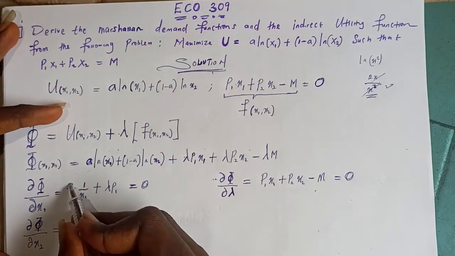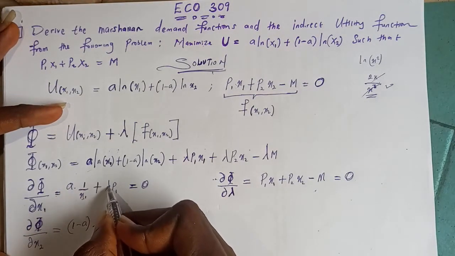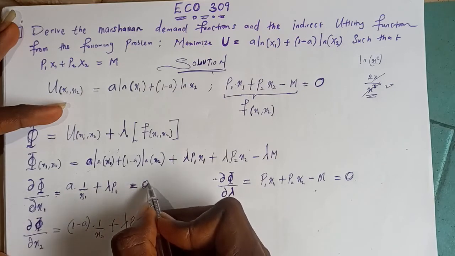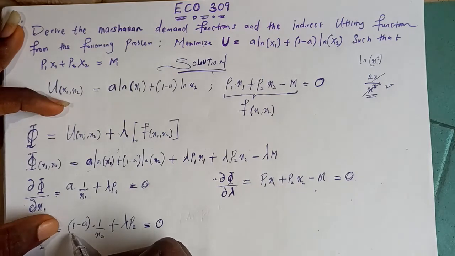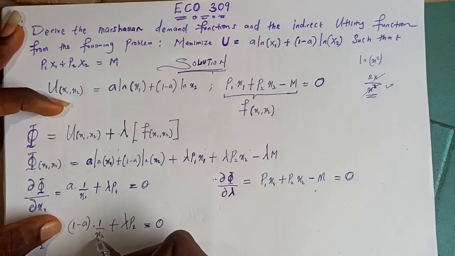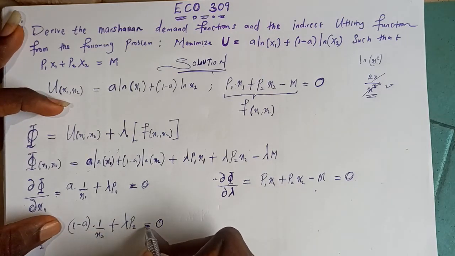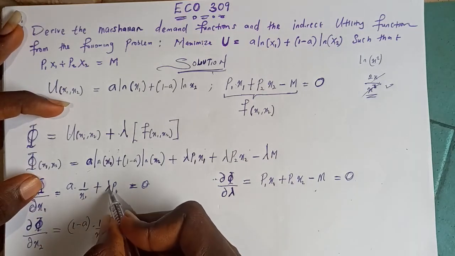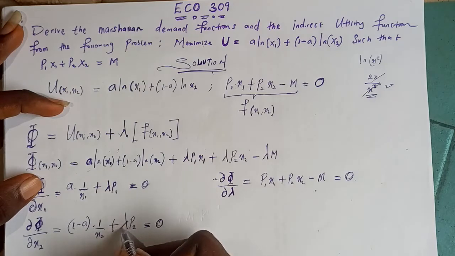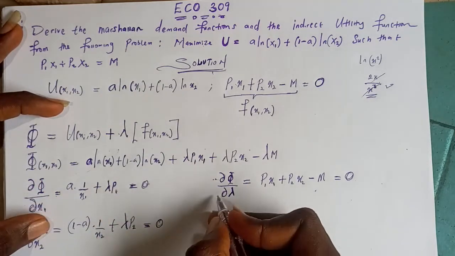So we have a over x1 plus lambda p1 equals 0. At the same time, we have 1 minus a over x2 plus lambda p2 equals 0. So from here, we can decide to make lambda the subject of the formula, and then we can now equate.